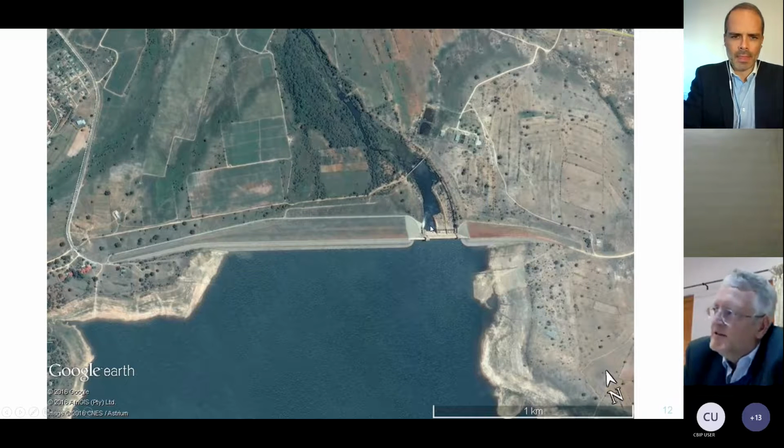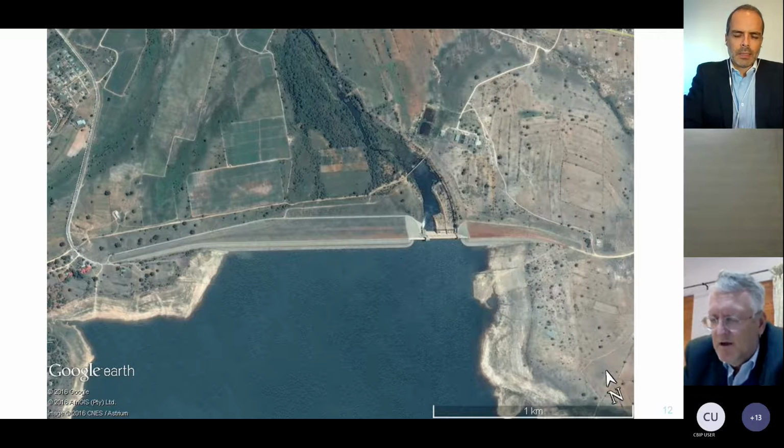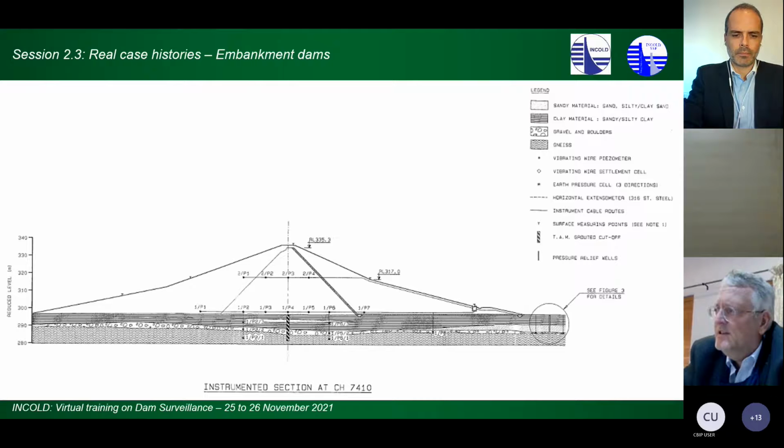But the site is very interesting in that the river, through the millennia, was at different positions. So this whole area here is actually an alluvial floodplain that contains material that was previously a river. Okay, so this is just a typical section from a drawing.